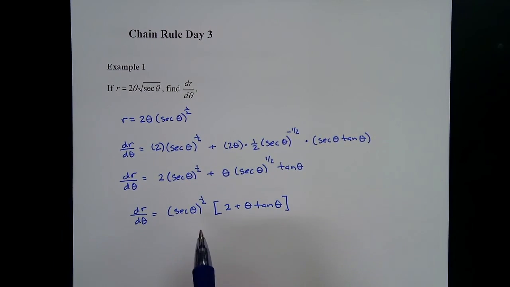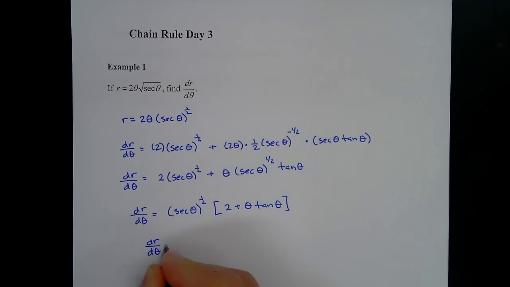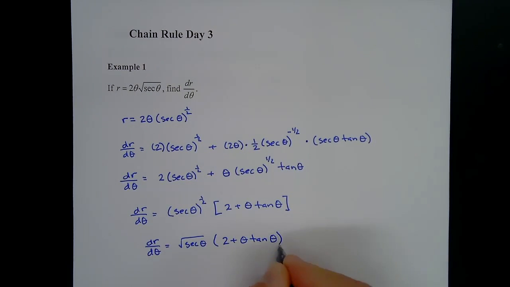Or if you wrote this without fractional exponents, you could rewrite this as dr over d theta is equal to the square root of secant theta times 2 plus theta tangent of theta. Okay? And that would be the answer for dr over d theta.